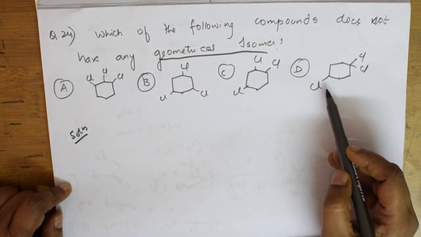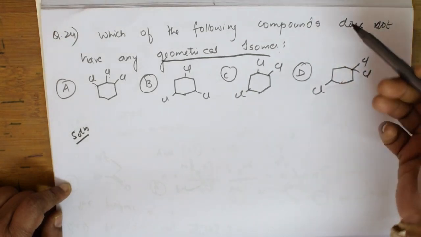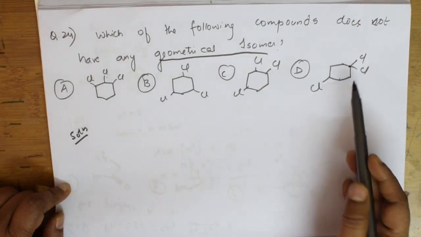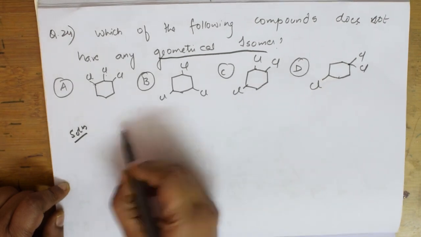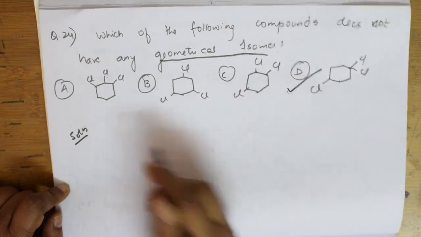Now in the last case, here chlorine is present on the same carbon. Just see now, even if you rotate, there is no change in the structure, or there is no isomer formed from the structure. So option D, right? The option D is the correct answer, which does not have any geometrical isomerism. Why?